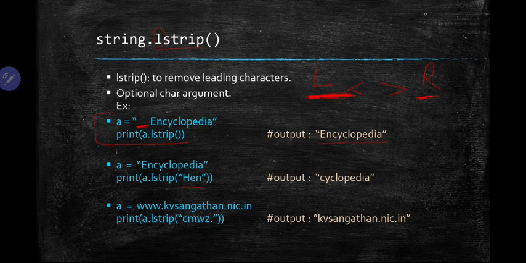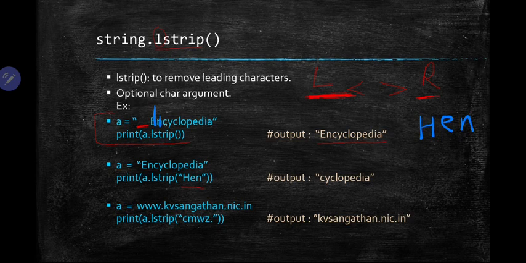So we have three characters H, E and N. Since in encyclopedia we do not have any H, no need to worry about H. E is present here, so this E will be removed. N is also present, this N will be removed. I'm sorry, this is not a case sensitive function, so E and N will be removed.